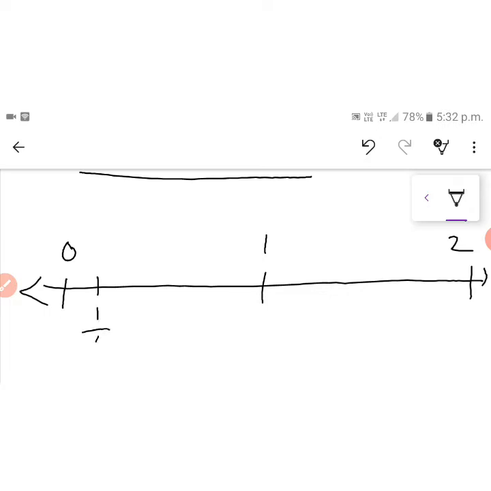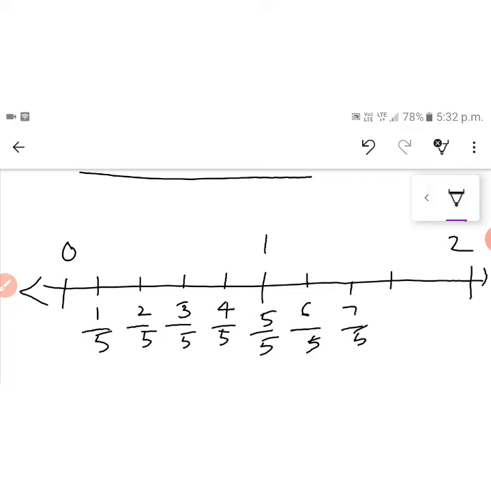So this is 1 by 5, 2 by 5, 3 by 5, 4 by 5, 5 by 5, which is nothing but 1, then 6 by 5, 7 by 5, 8 by 5, 9 by 5, and 10 by 5 is nothing but 2.